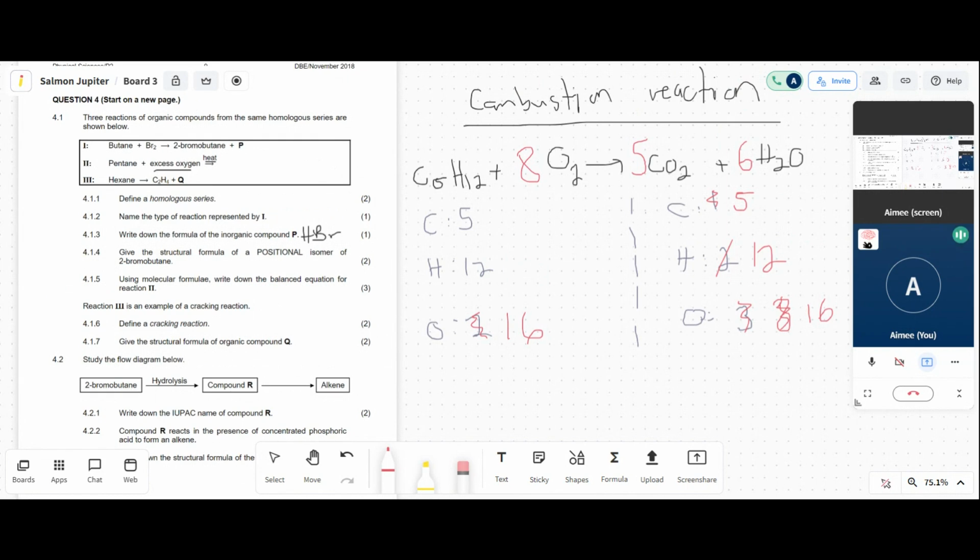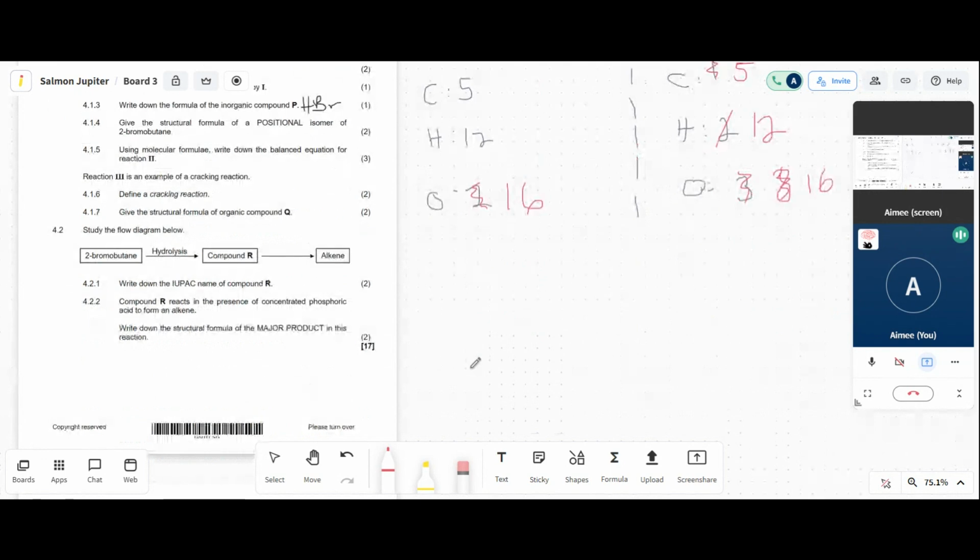And that will form an alkane. Alkenes and alkanes are usually the products of a cracking reaction, but you can go and do some more study work on that, and it will tell you how to identify and also draw the major and the minor products of these types of reactions.